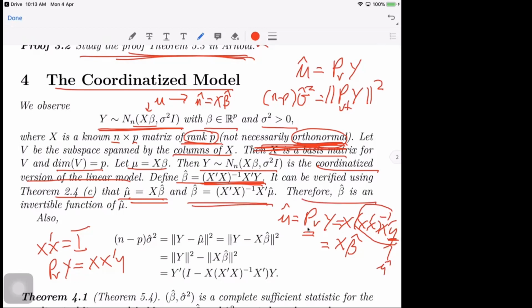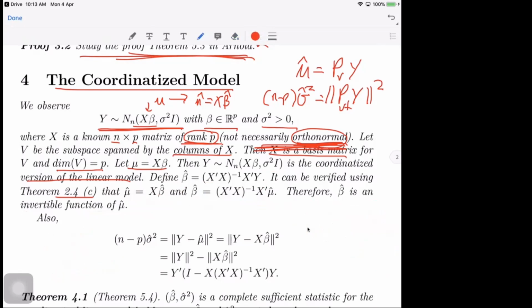Now, beta hat and mu hat are invertible, so you can derive beta hat in terms of mu hat, and you can derive mu hat in terms of beta hat, no? So they are invertible.